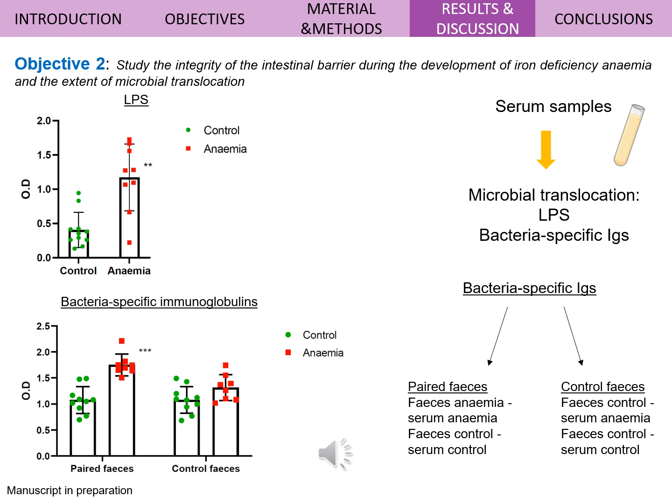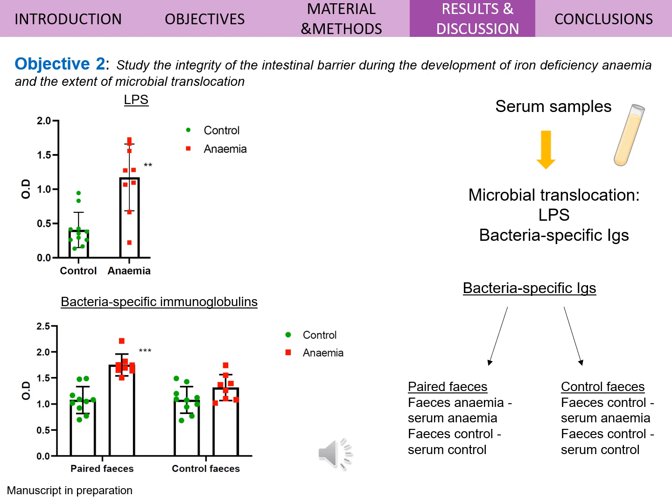In the first case, what we call per feces, each serum belonging to each experimental group was tested against bacteria isolated from the feces belonging to the same experimental group. So serum belonging to the anemic group was tested against bacteria isolated from the feces of the anemic group, and the same for the control group. So in this case, we observed an increased immune response in the anemic group.